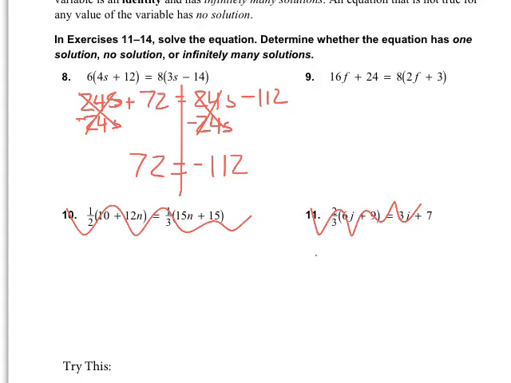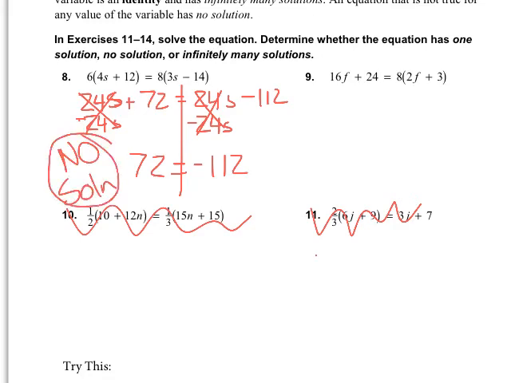And the only question you have to ask yourself is, is it true? So does 72 equal negative 112? Nope. It doesn't. So since it does not equal, that would be a case of no. That's an ugly N. There you go. No solution.